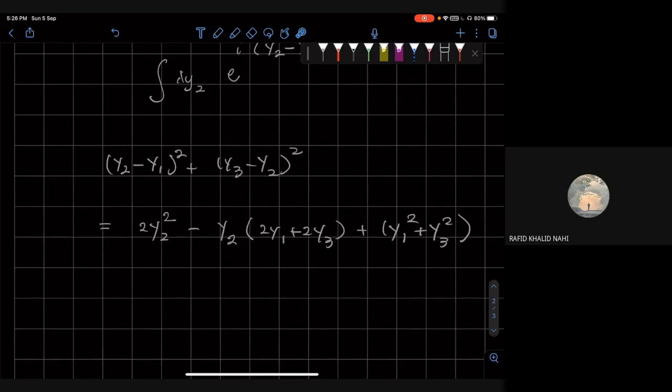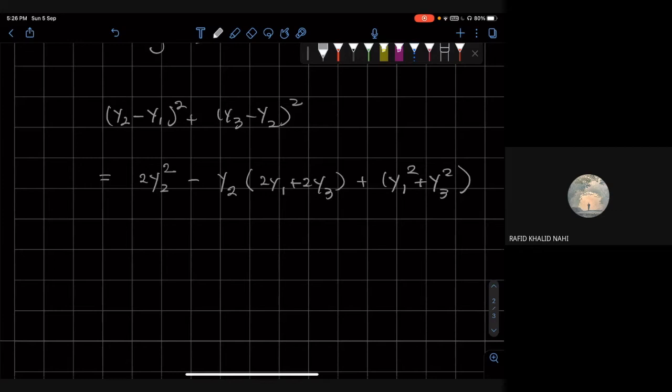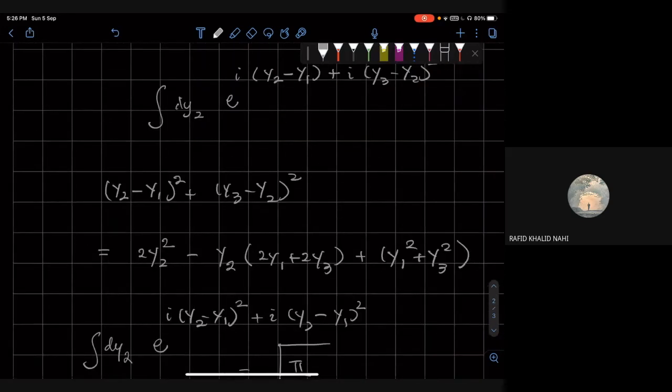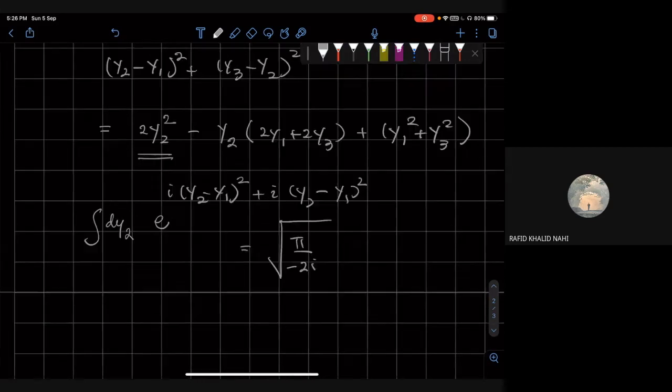So as a result, what we get is the integral dy2 e to the power i, y2 minus y1 squared plus i, y3 minus y2 squared, is going to be pi divided by minus 2i, because if you look at this, the coefficient of y2 is i times 2, which is going to be equal to minus a, right?